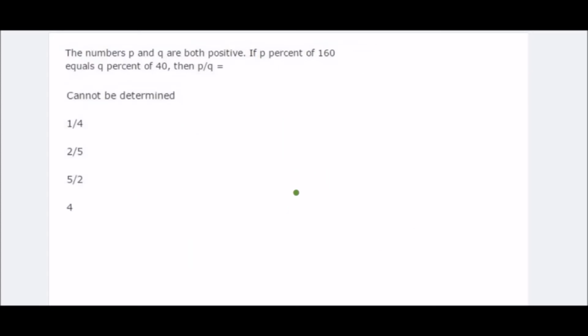So the next question is: the numbers P and Q are both positive. If P% of 160 is equal to Q% of 40, then we have to find out P by Q. So analyze this. P by 100 into 160 is equal to Q% of 40. 100 is eliminated.